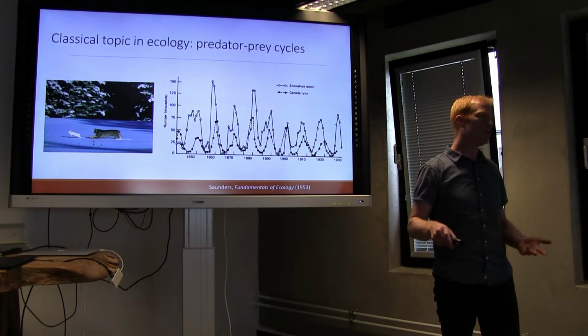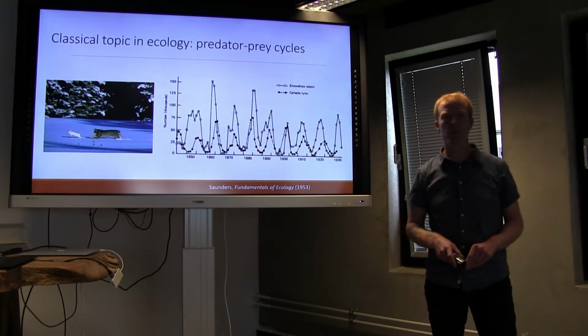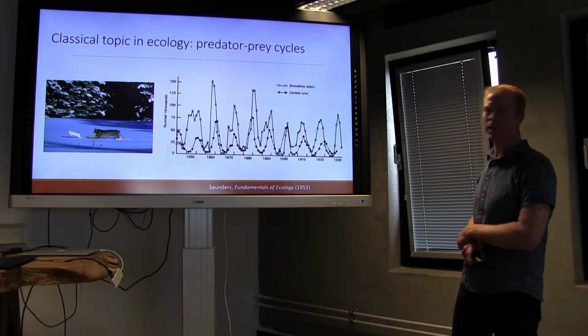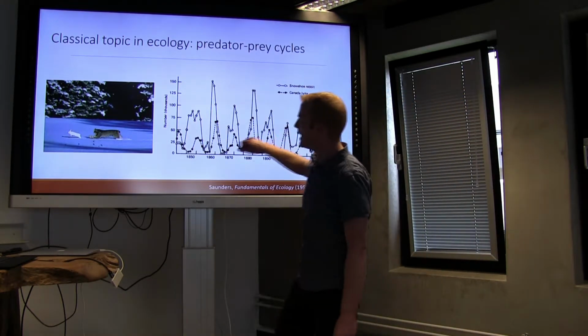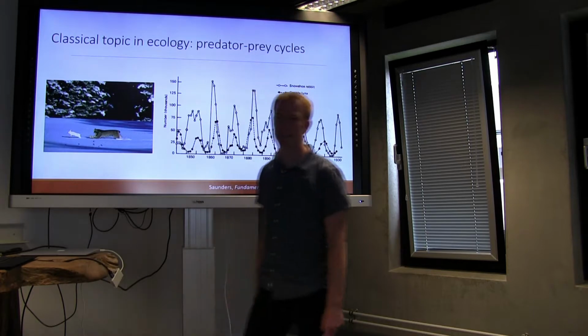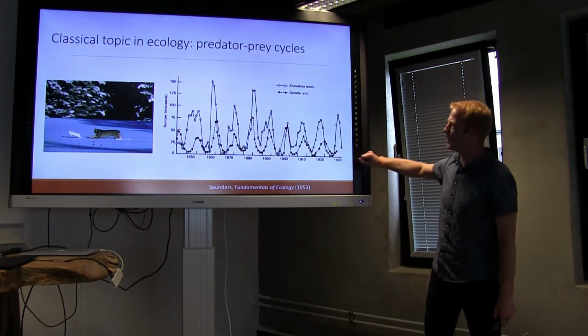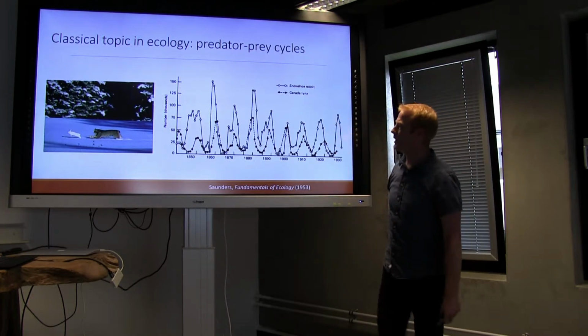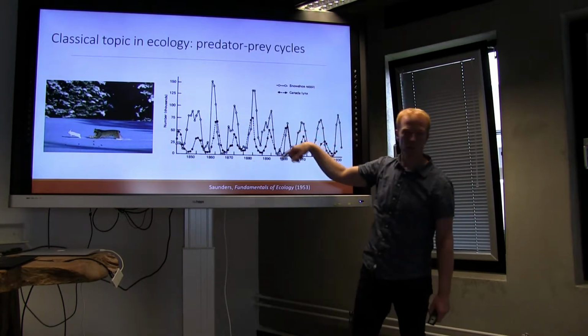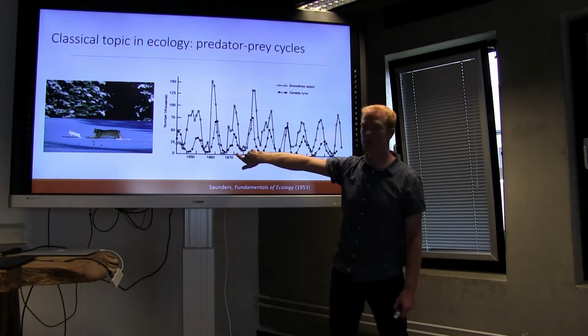This is a very old subject in biology that people in the 1920s already studied. This is a really famous example of a lynx actually chasing rabbits. What people found out in the 19th century is that if you looked at the population of those lynx and those rabbits, they showed these huge fluctuations over time with a sort of regular interval.